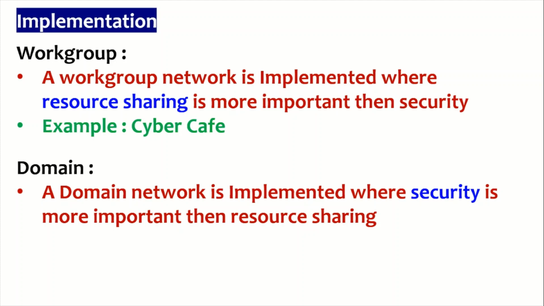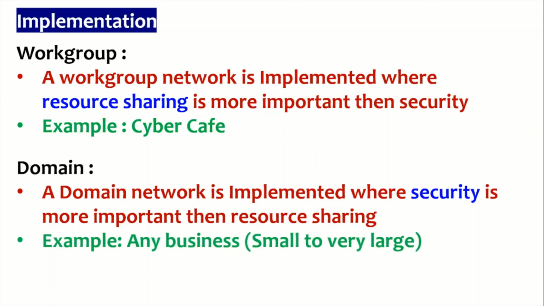Now, as we have already discussed, the prime objective of any network is resource sharing. So workgroup networks are also meant for resource sharing, and domain networks are also meant for resource sharing. But in a domain network, security has higher precedence over resource sharing. Example, any business, from a small business to a very large business.